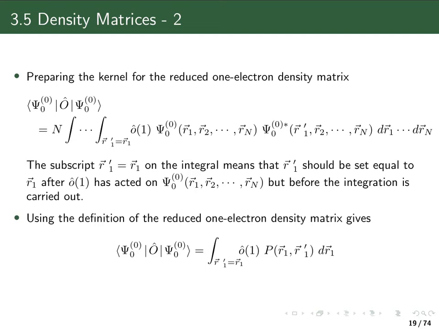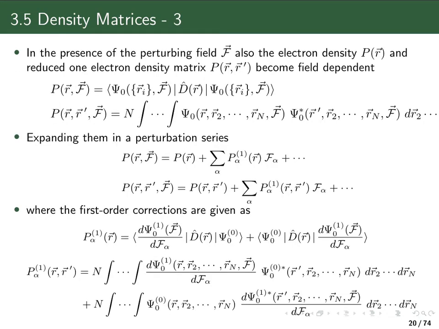Now what I really want to do is to look at the case where we have an external electromagnetic field. And of course, in the presence of the external electromagnetic field, we have now a field-dependent wave function, a perturbed wave function, and therefore also our electron density and our reduced one electron density matrix become field-dependent, because they both include the wave function.